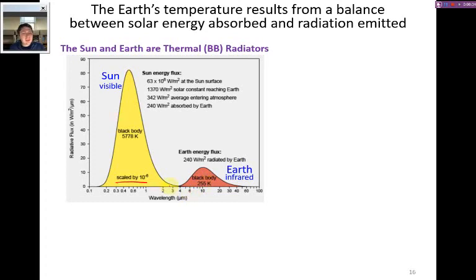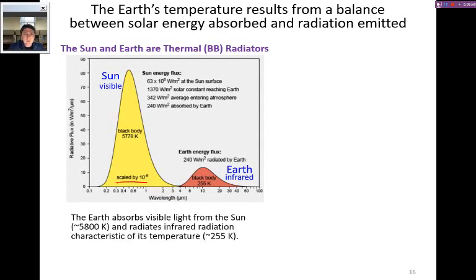We shrunk it down so that way we could see them a little bit easier. What's most important to see here is that the emitted light from the sun, which comes in at a temperature of about 5,800 Kelvin, is absorbed by the Earth, and then some of that light, the infrared light, is radiated back by the Earth.